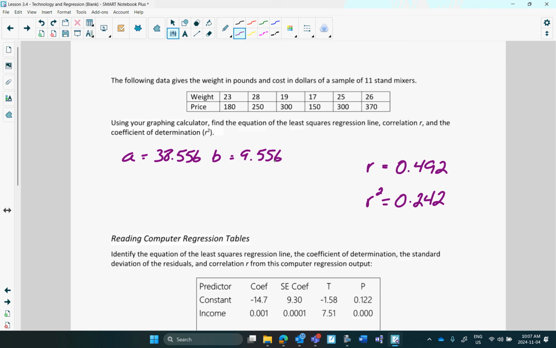Remember, it's in the form predicted y, or y hat, equals a plus bx. So therefore, our equation is going to be y hat equals 38.556 plus 9.556x.